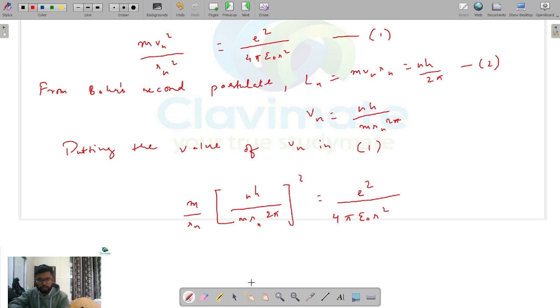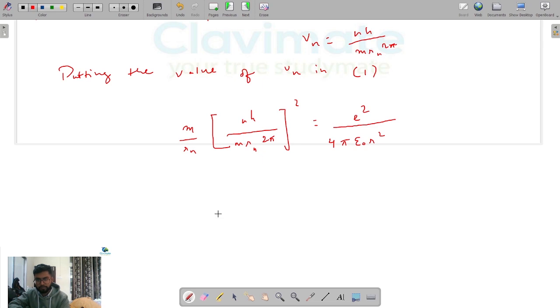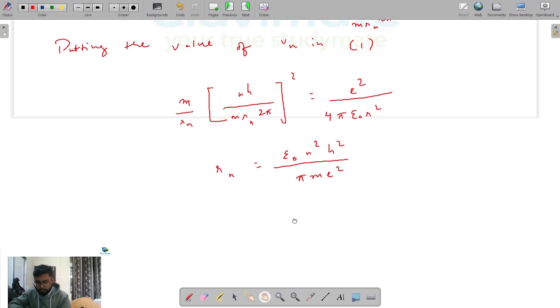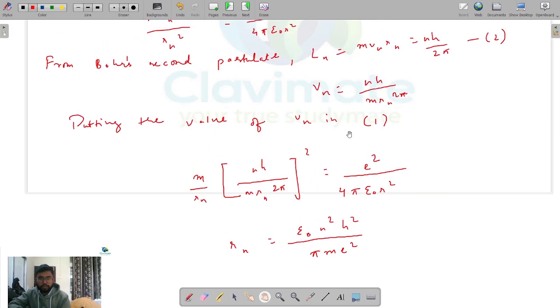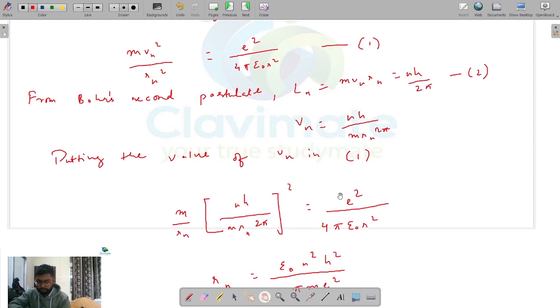So now solving this for the value of rn, we'll have rn is equal to epsilon naught n square h square by pi m e square. So this is basically our fundamental expression for Bohr's radius.